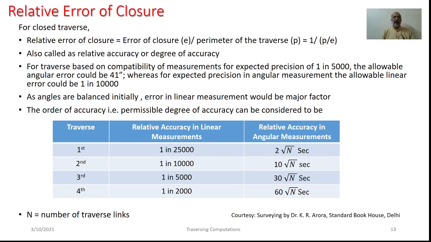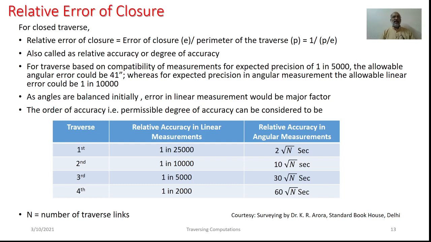So, for a traverse based on the compatibility of the measurement, for an expected precision of 1 in 5000, the allowable angular error could be 41 seconds. Whereas, for the expected precision in angular measurement, the allowable linear error could be 1 in 10,000.